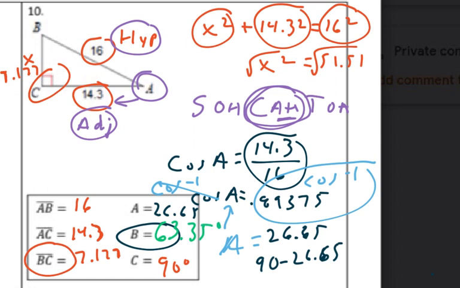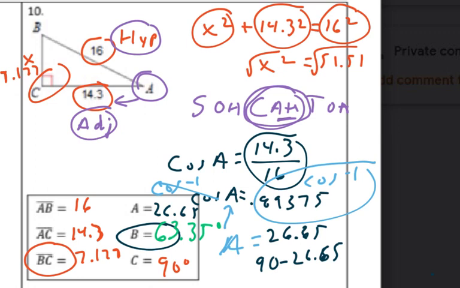So that's it. Every triangle adds up to 180. That means in every right triangle, the two smaller angles add up to 90. In every right triangle, you can always do Pythagorean theorem. That's how we found the missing side, 7.177, right? What else should we know is SOHCAHTOA.